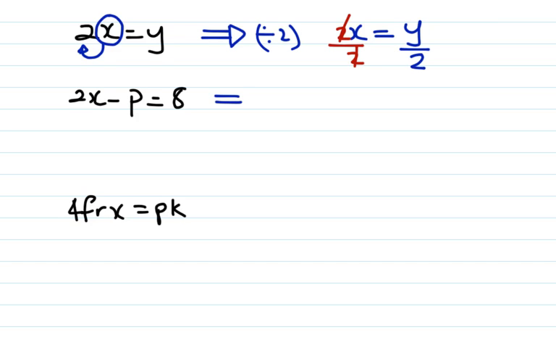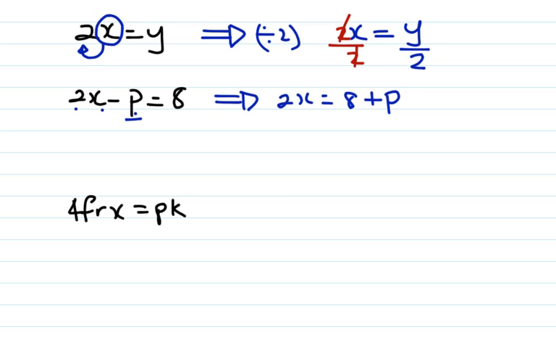Just the same way, I come down here. I'm going to talk this one through in a different way. x was multiplied by 2, and then p was subtracted from it. So I'm going to start from the last thing that happened, which was p being subtracted. So the first thing I write down is 2x is equal to 8 plus p.